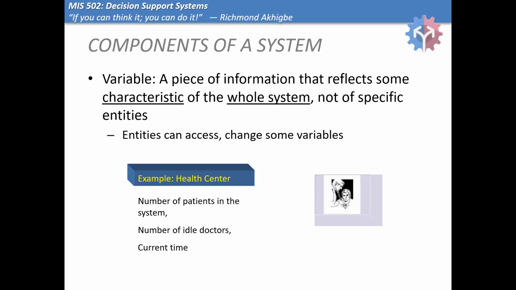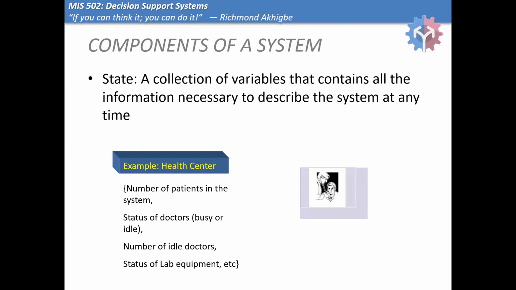It does not mean that entities have no relationship with these variables, or that resources do not have any relation. They do, but these variables represent the whole system. If my current number of patients is 5 and an entity enters my system, what will happen to my number of patients in the system? It will increase, but still it will be a characteristic of the whole system. So is that clear? We need to know what variables you are keeping in your study.